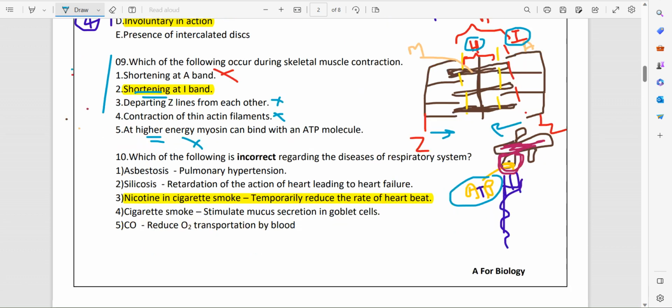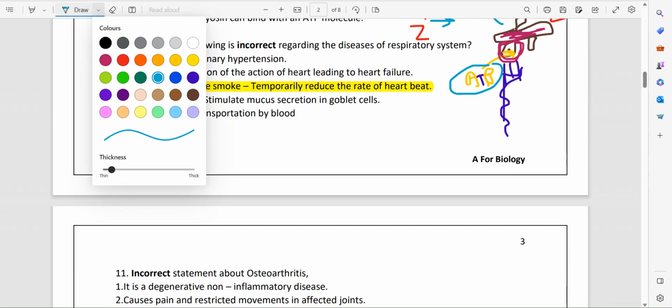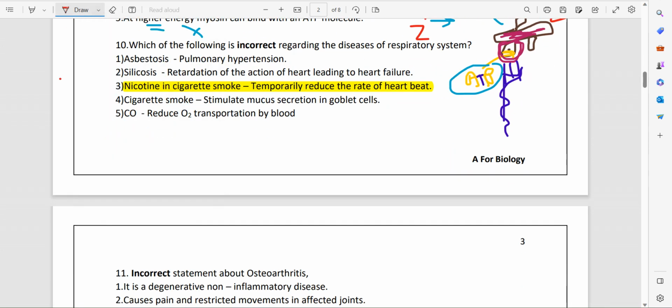10th question, which of the following is incorrect regarding the disease of the respiratory system? So I added this one in all the systems. We have a section for disorders. The best tip that you can use to recall all of them would be doing them all together.